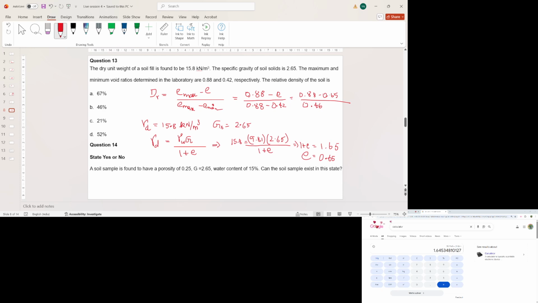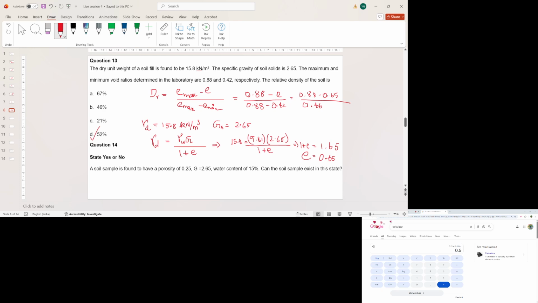Computing this, 0.88 minus 0.65 divided by 0.46, approximately it's going to be 52%. And this slight 1 or 2% difference is due to the value of gamma w which we have taken. You can also try with 10 instead of 9.81.